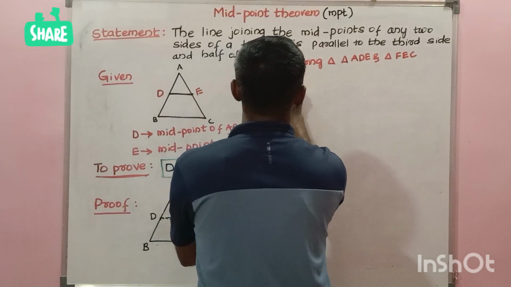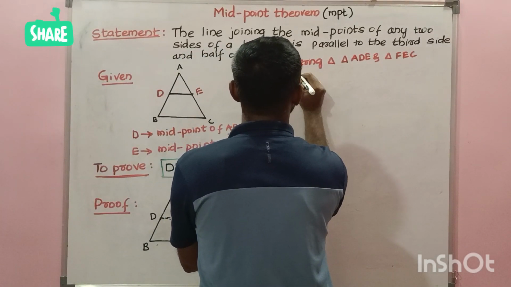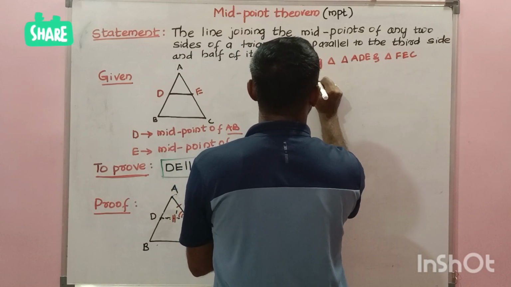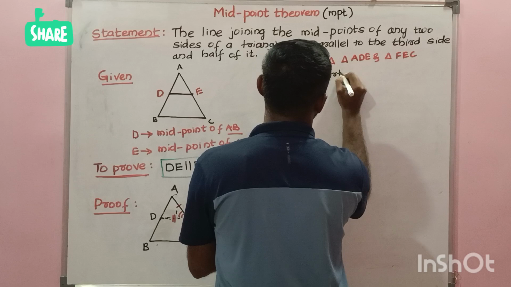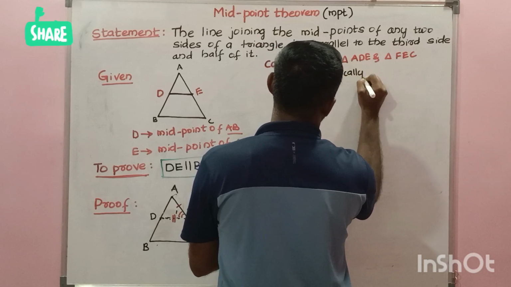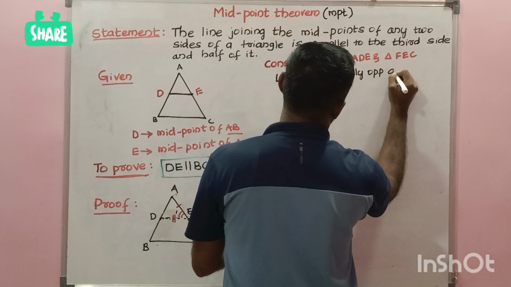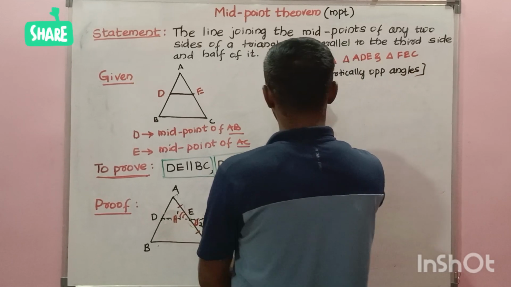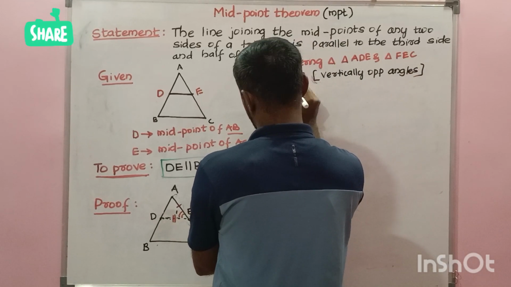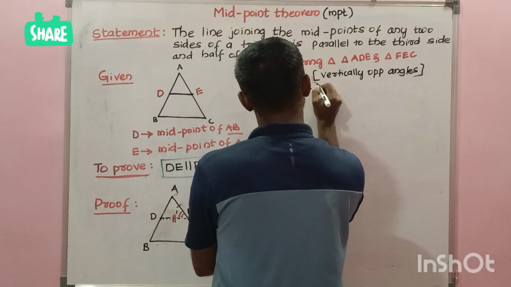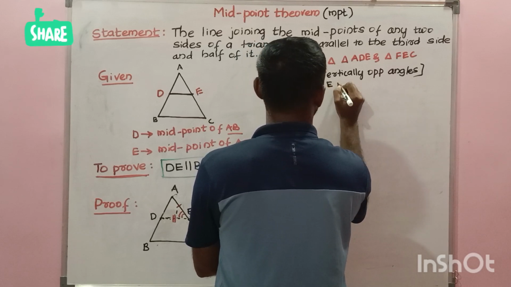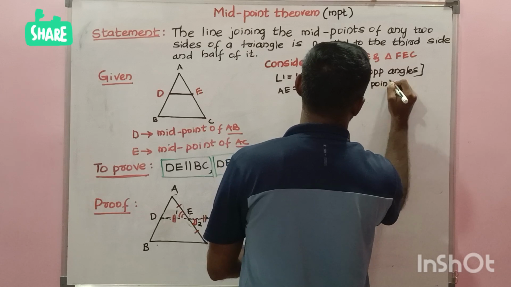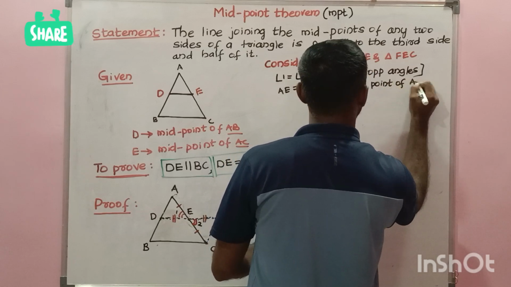Angle 1 is equal to angle 2 because they are vertically opposite angles. Second, AE is equal to EC because E is a midpoint of AC.